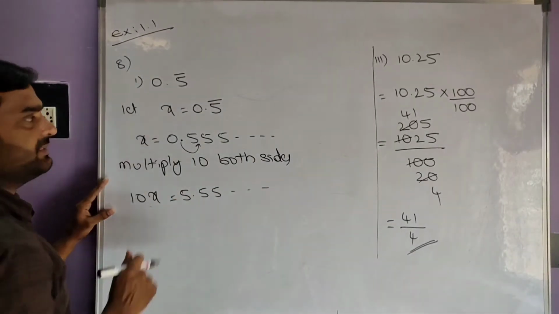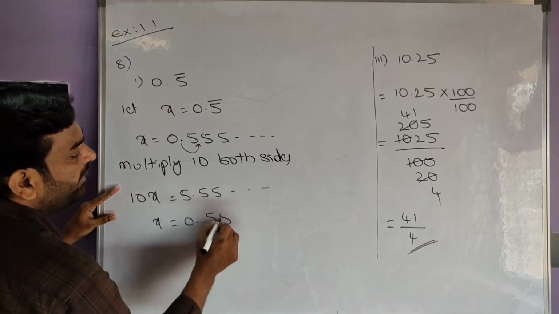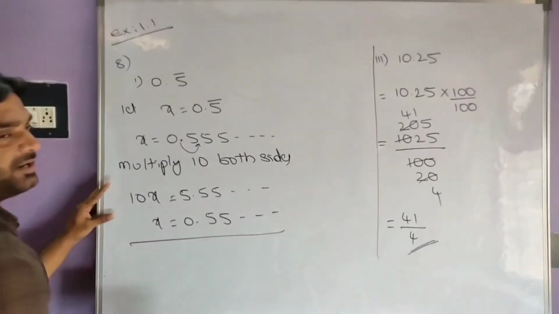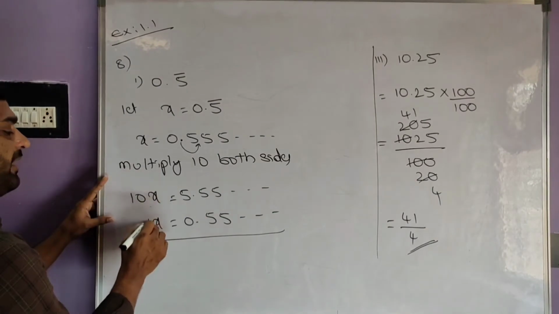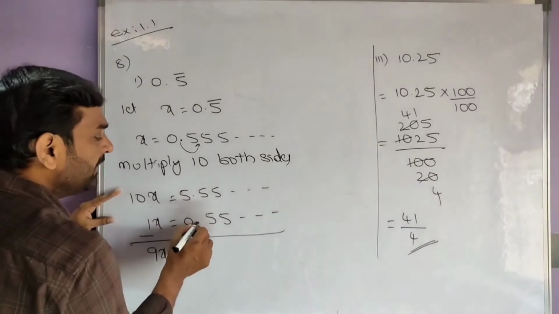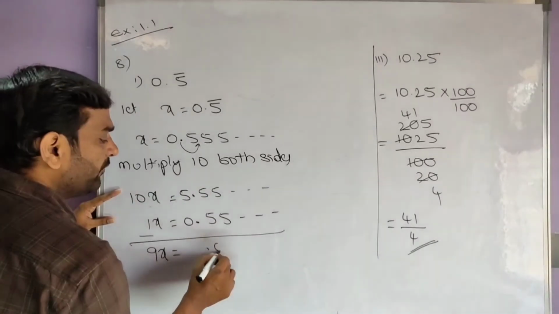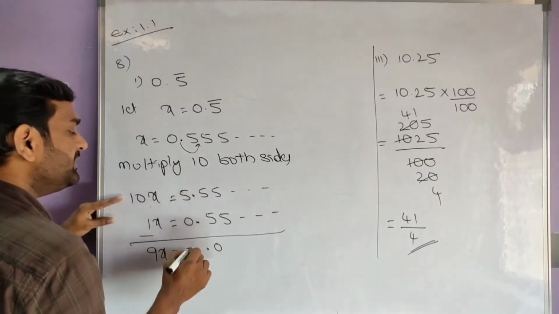This is the 10x, and we already have x that is equal to 0.555 and so on. Subtract these two. 10x minus 1x, nothing but 9x is equal. Listen here, after point here 5, here also 5, 5, 5, so 5 minus 5 is 0. Here 5 minus 0 is 5.